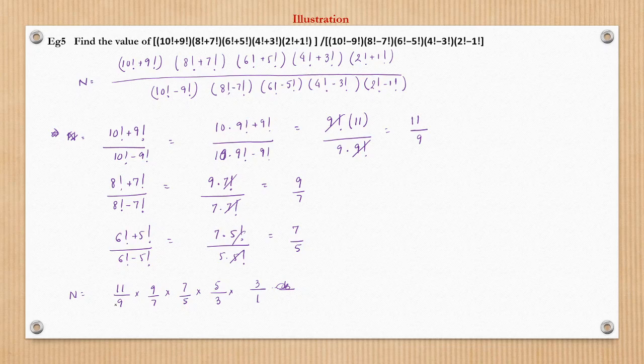So now we can cross-cancel, and what remains is 11 only. So on simplification, this term results in 11.